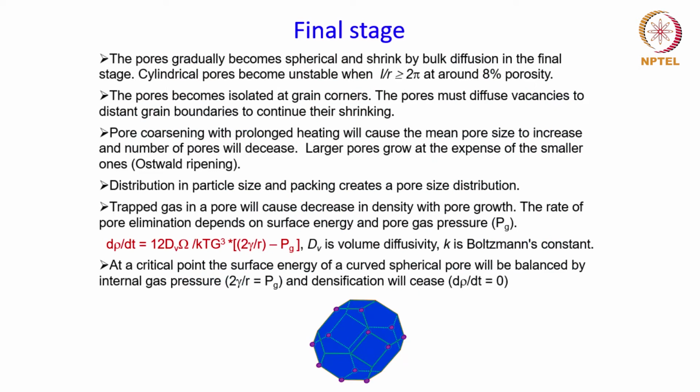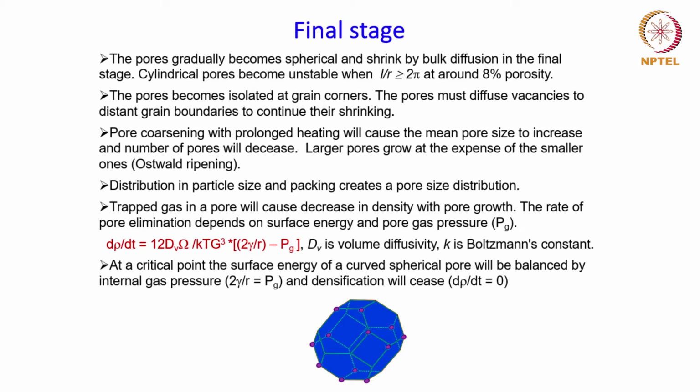Here the pores gradually become spherical and also shrink by bulk diffusion. The cylindrical pores that you had in the intermediate stage will become unstable when the L by R ratio is greater than or equal to 2 pi.